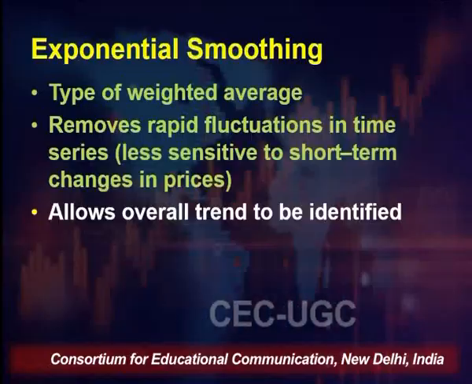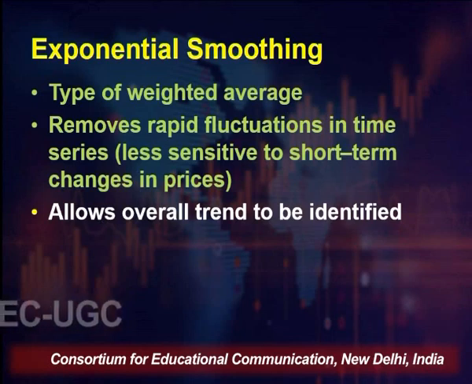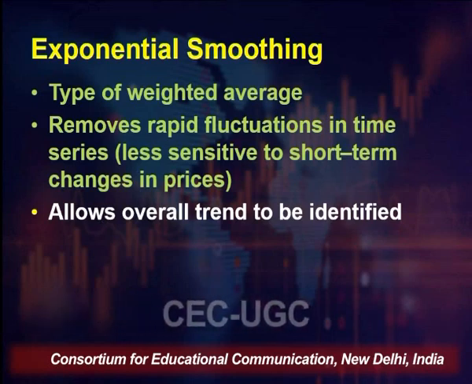and we have to understand that for short-term changes in prices, we have to be less sensitive. But yes, if it is changing consistently, then of course we are going to take note of it. This exponential smoothing is basically permitting us to understand the overall trend.